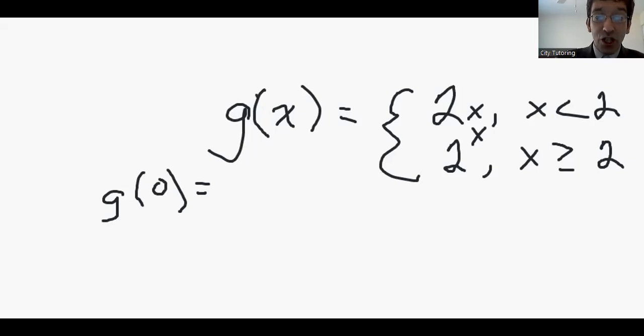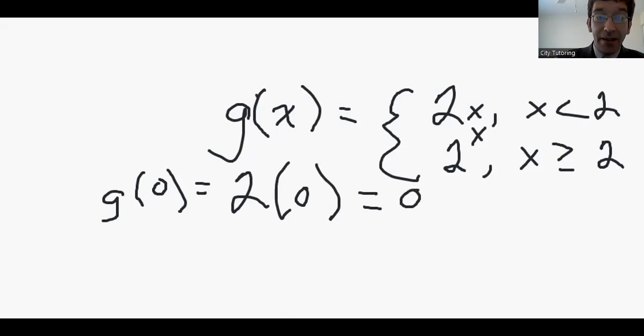For g of 0, we need to compute it using 2x. So you use substitution: 2 times 0, plugging it in for x in the 2x, and that's going to give you 0.